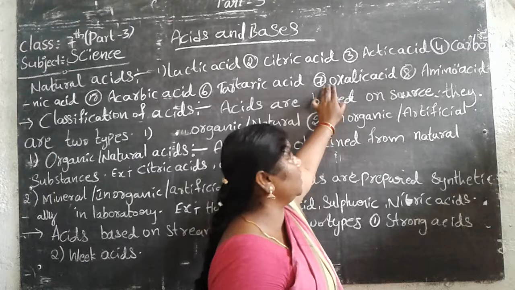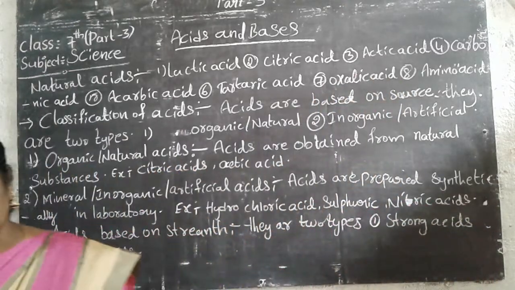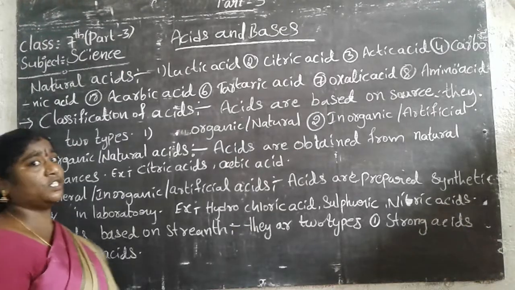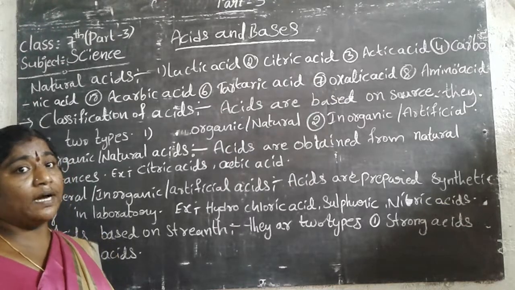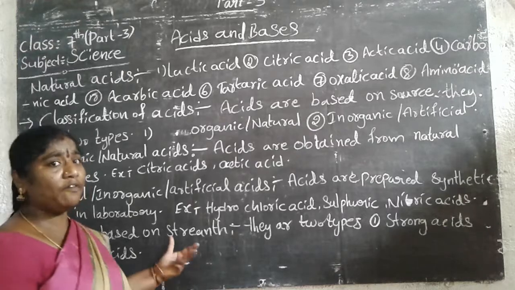Next, the last one, the eighth one, amino acid. Examples are proteins and pulses like dal, moong dal, and red gram, which we take in our daily life curries. We cook delicious pulses like gram, red gram, and beans as food.